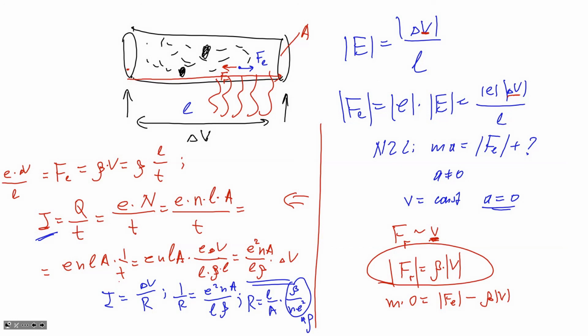But well, we also see if this coefficient beta remains constant, then we get Ohm's law. The resistance also remains constant. However, this coefficient tells us what should happen if we start heating up a wire.